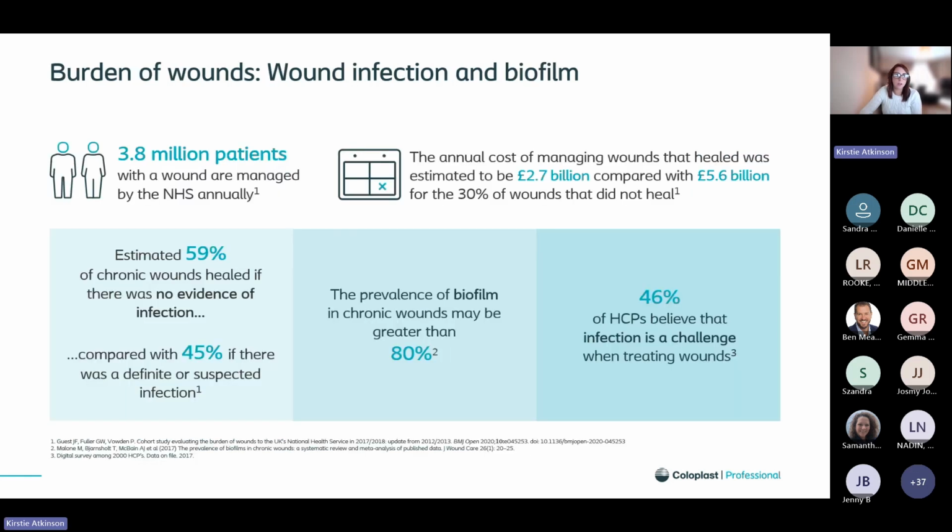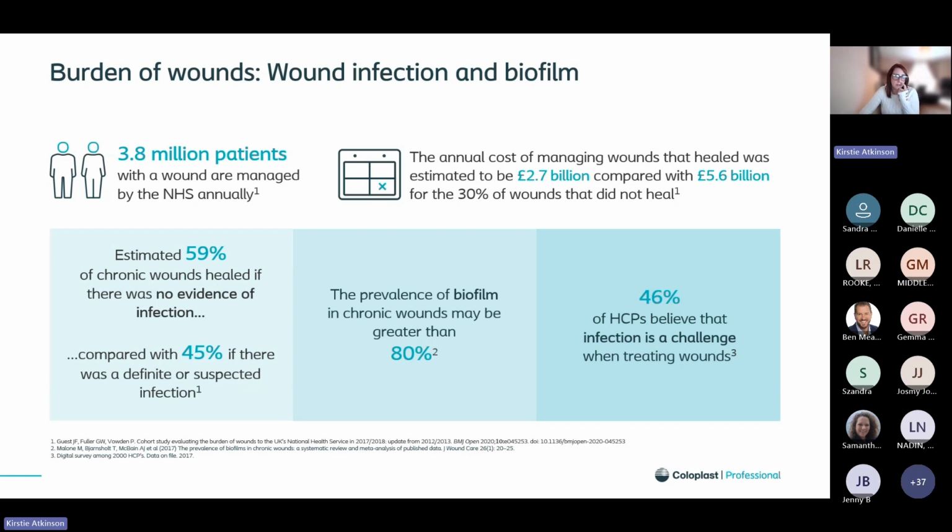From that Julian Guest data that I just mentioned, we know that 3.8 million patients are managed annually with a wound, and the annual cost of managing wounds that were healed was estimated to be about 2.7 billion compared to 5.6 billion for the 30% of wounds that didn't heal.